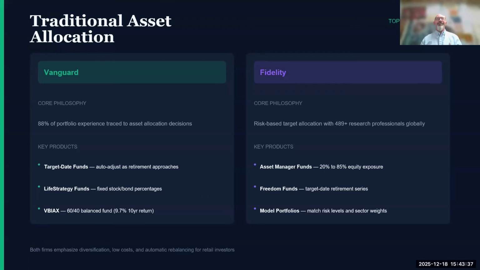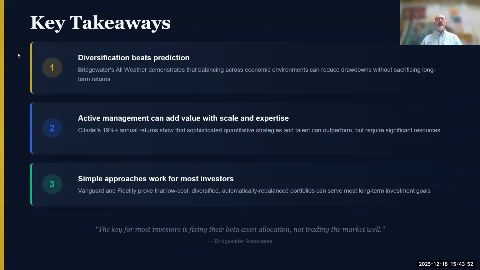What they don't take into account are some of the big economic events. What they don't take into account a lot of times is the depreciation of the purchasing value of your dollar or your currency that you're invested in. So there are three things to think about. Diversified beats predictive. A diversified portfolio helps when you have downturns in the market.